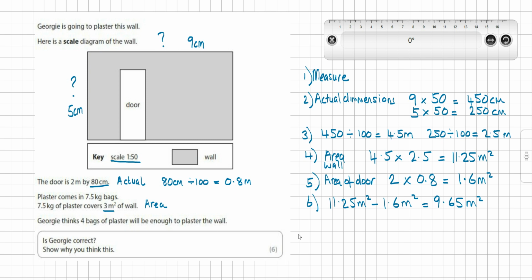The plaster covers 3 meters, so we need to divide by 3 to see how many of those bags we need. 9.65 divided by 3 gives us 3.216. So we need 4 bags. And Georgie is correct. And there we have it.